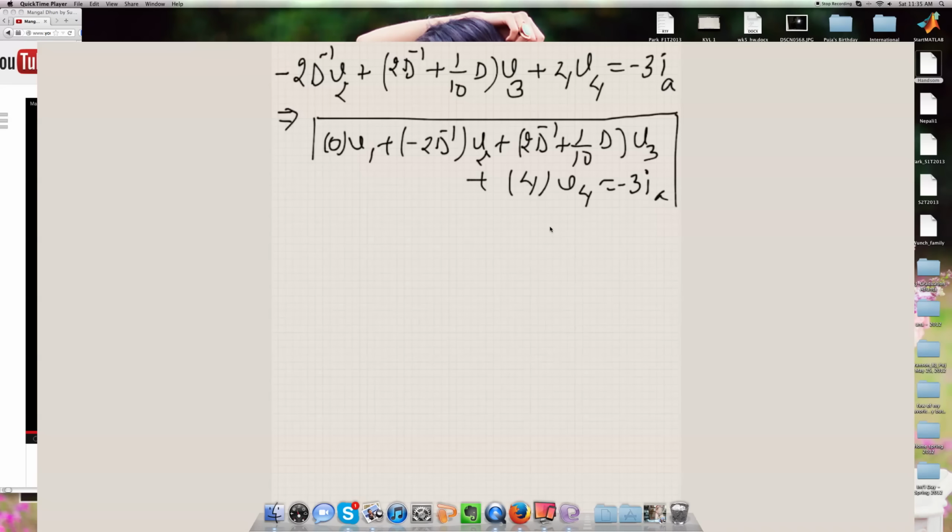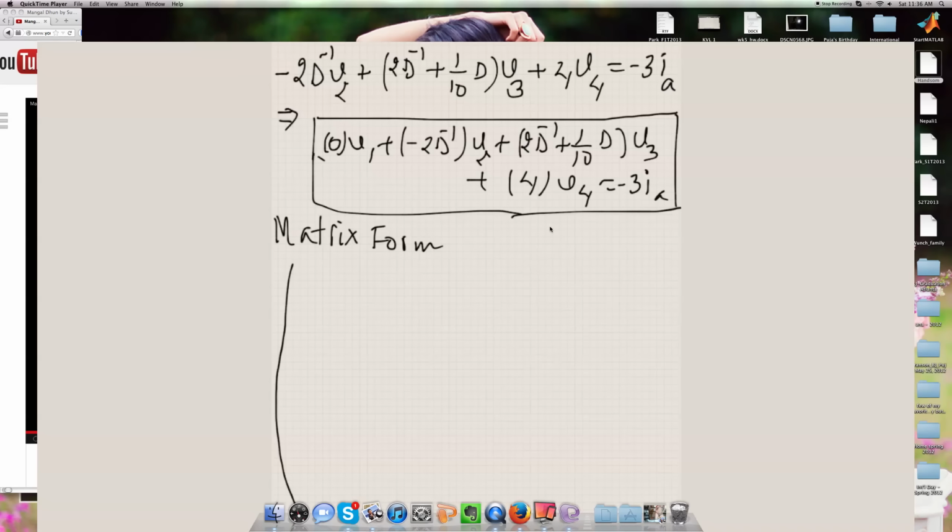So we got all these 4 boxes we need to populate the matrix. So in matrix form, we have the following matrix. Let me squeeze in everything right here.